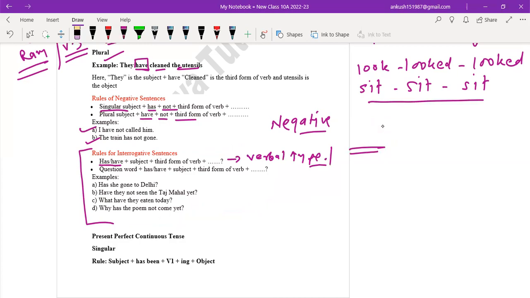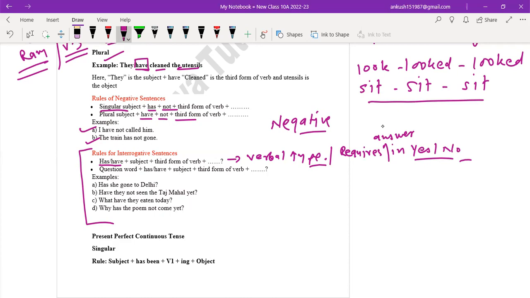Because this kind of question requires an answer in yes or no format. That is why it is called verbal type. You do not need to explain anything if it is asked in this format.